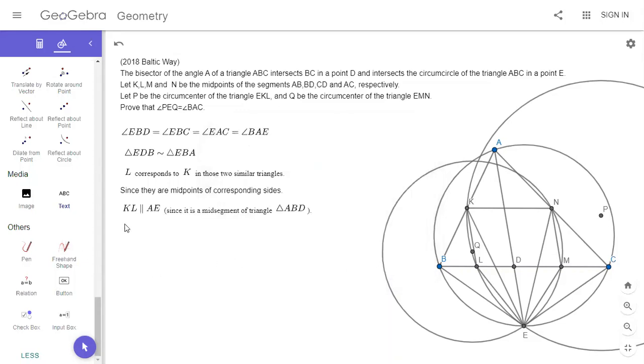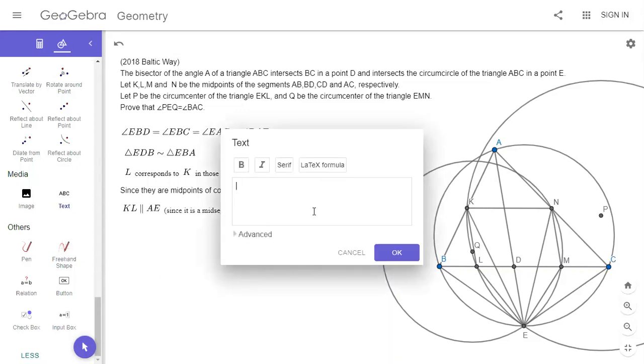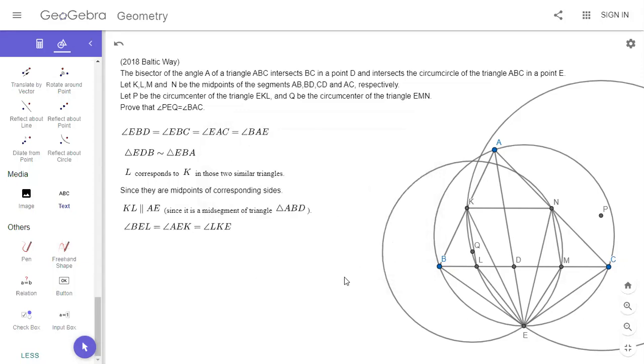And so that means angle BEL is equal to angle AEK is equal to angle LKE. And so that means BE is tangent to the circle KLE.